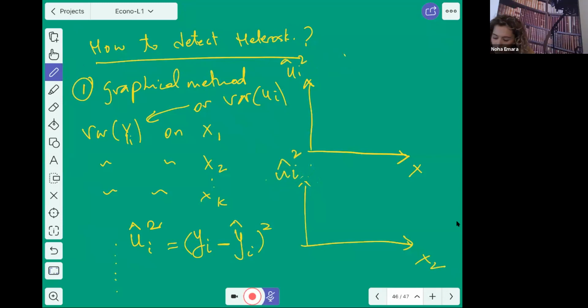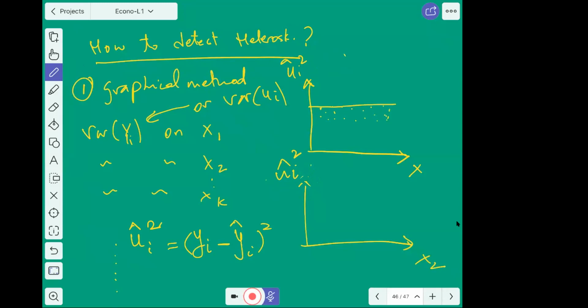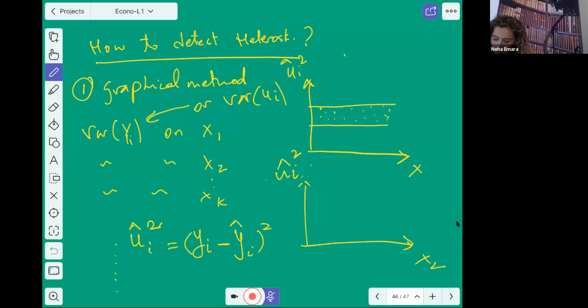And you can have different options. If I get something like this, what does that say? As x increases, the variation of the error term is roughly constant within a certain range. The variation doesn't seem to be significantly moving; it's between these two lines.